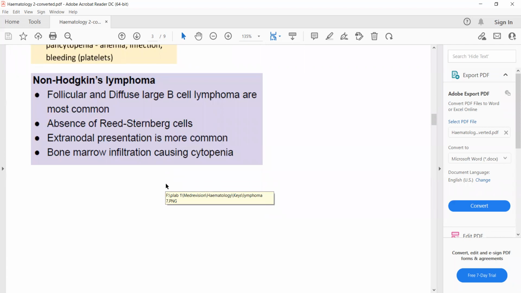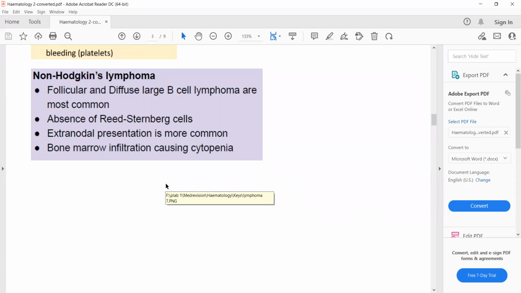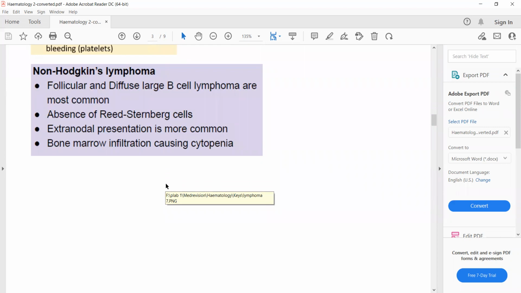Common non-Hodgkin lymphomas include follicular lymphoma, diffuse large B cell lymphoma, and Burkitt lymphoma. These are some examples: follicular, diffuse large B cell, and Burkitt lymphoma.